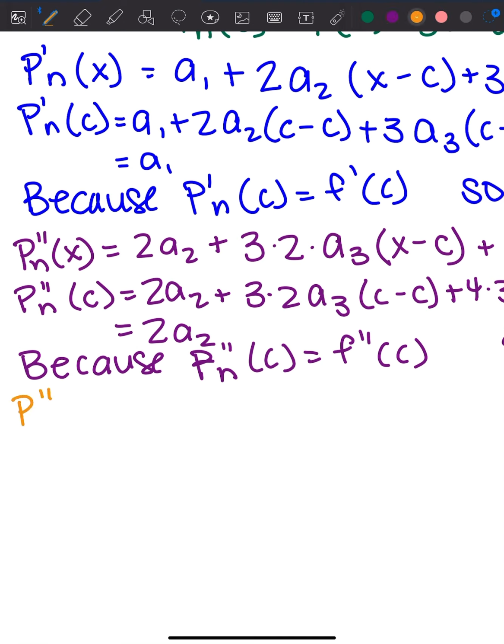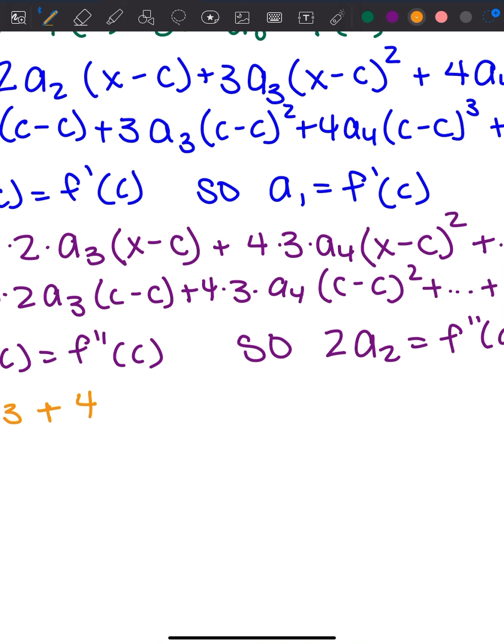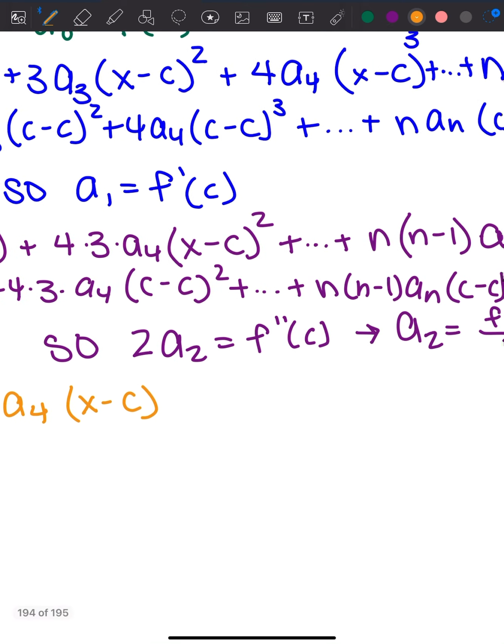So p triple prime of n. So derivative, so 2a sub 2 is going to be gone, so we have 3 times 2 times a sub 3. X minus c goes away, so we just have 3 times 2 times a sub 3 plus we have 4 times 3 times, we do power rule, so 2 times all of this, times a sub 4, and we still have an x minus c because we take 1 away from our exponent.